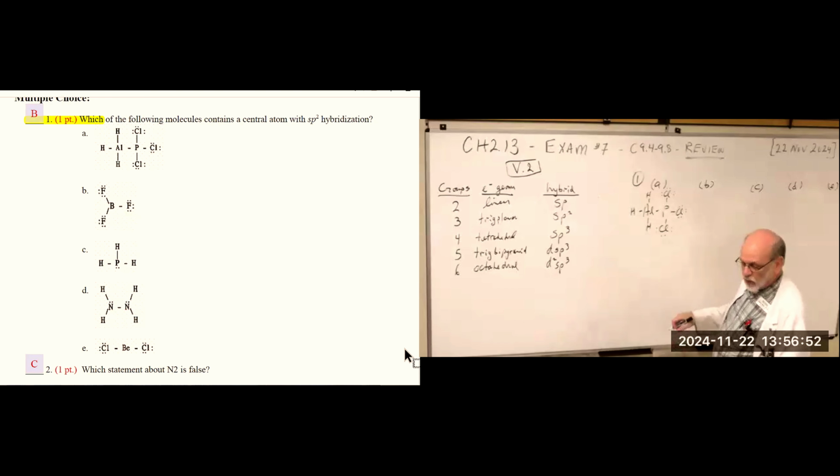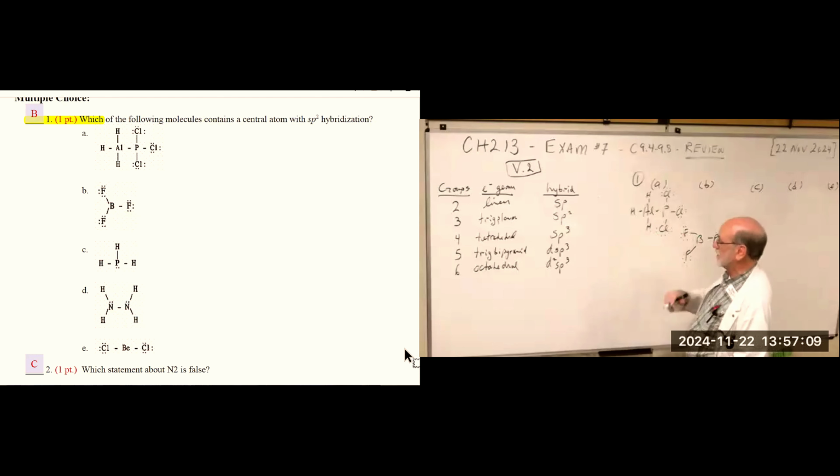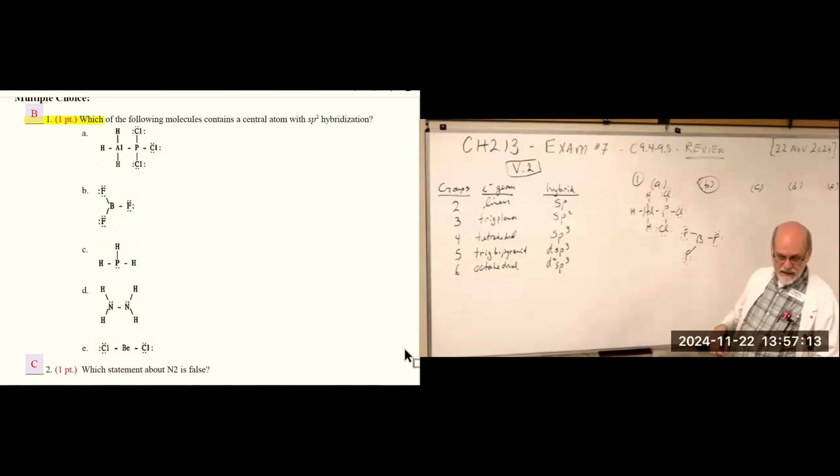Okay. Boron trifluoride. Like that, like that, like that. Boron has no lone pairs around it. The fluorines all have octets. Right? 1, 2, 3. That's sp2. And we could look at the others, like phosphorus and then hydrogens, but there's a lone pair around that one.